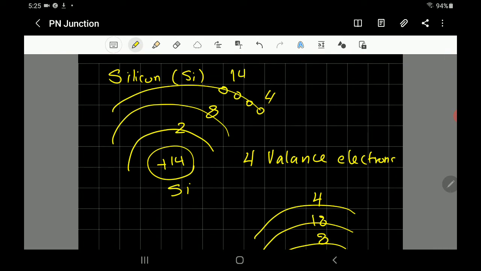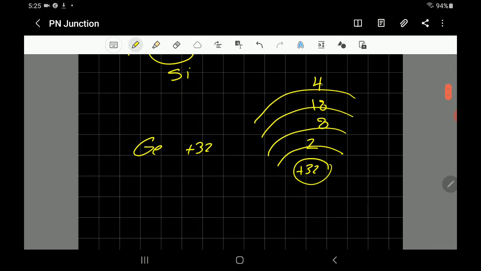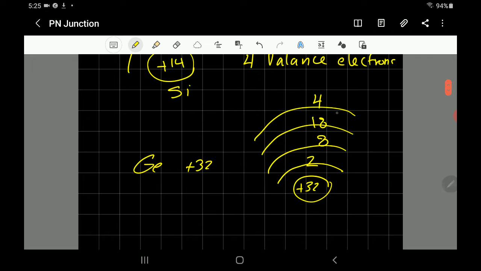The difference is that the 4 valence electrons in silicon are in the third shell, however in germanium the last 4 valence electrons are in the 4th shell. So the valence electrons in germanium are at higher energy levels than those in silicon. Therefore, it requires a small amount of additional energy to escape from the atom in germanium.